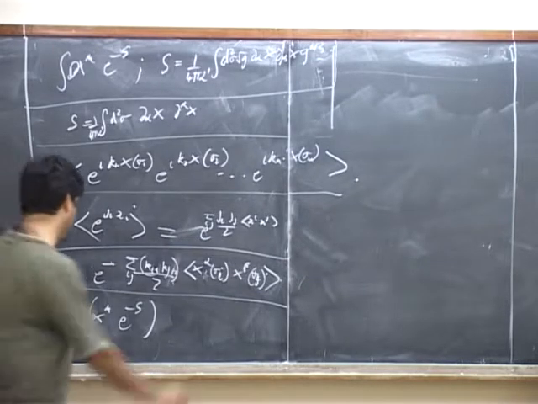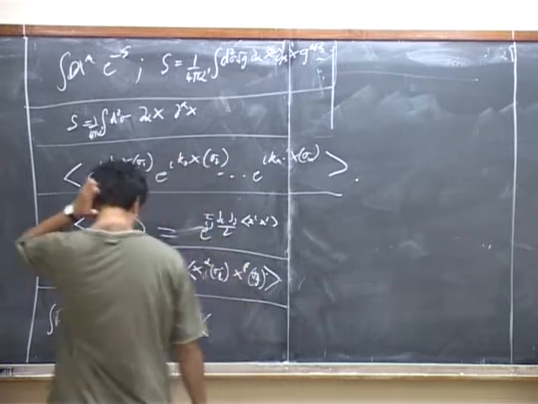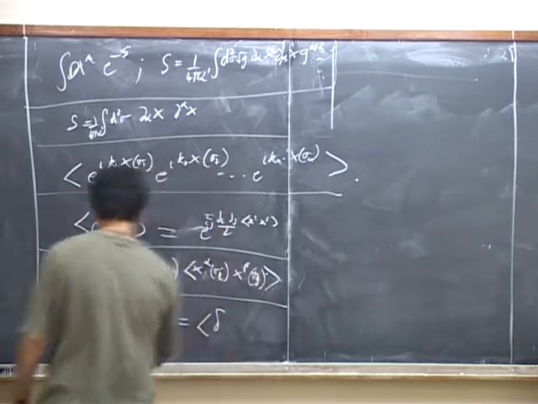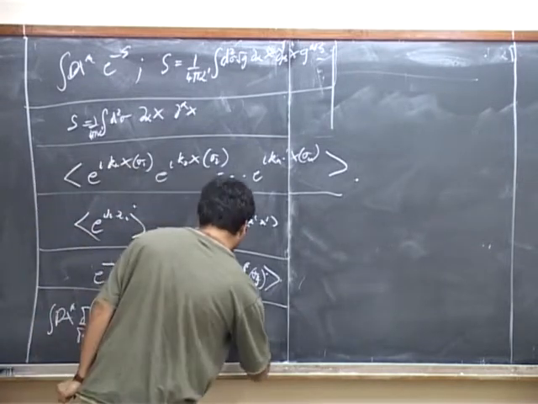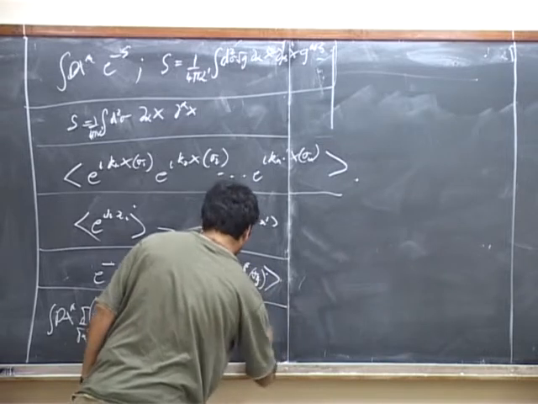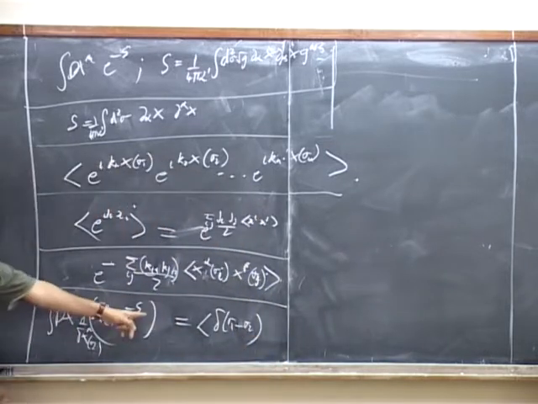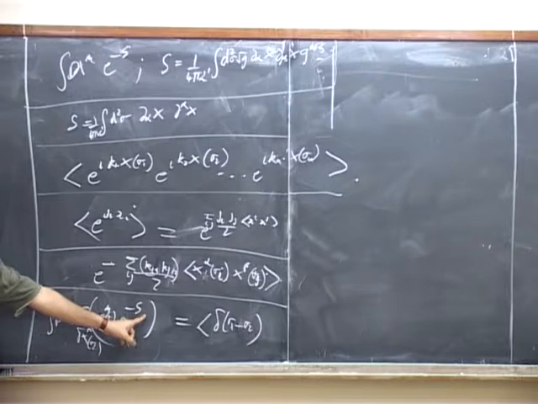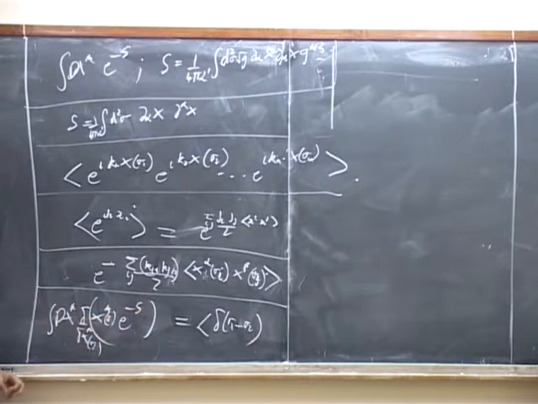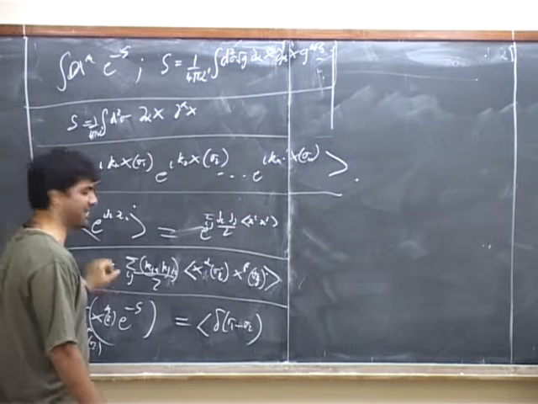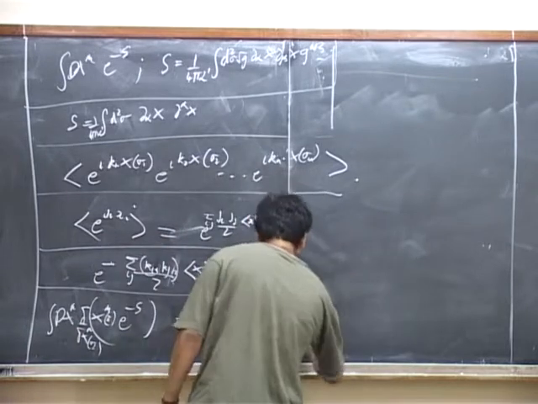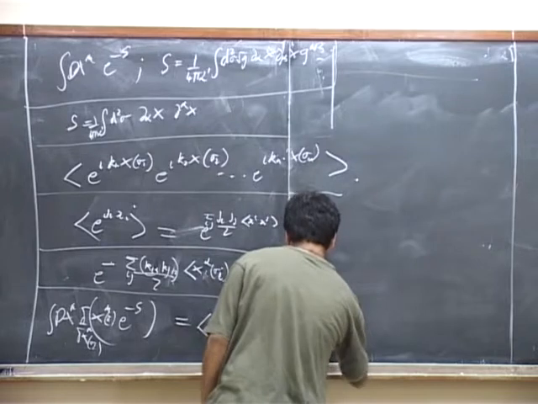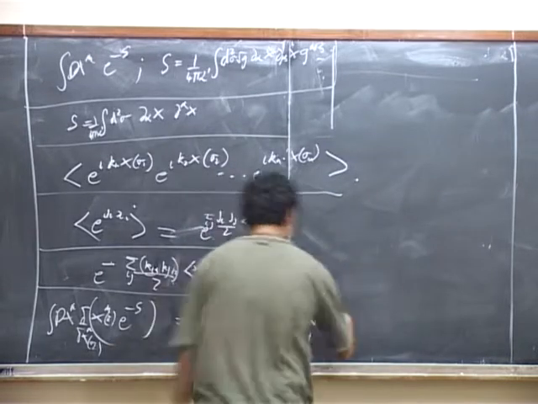But that 0 has 2 terms. There's one term which is the expectation value of delta of, so suppose this is at sigma 1 and we differentiate with respect to sigma 2. So we get delta of sigma 1 minus sigma 2. And the second term, we pull down a functional derivative with respect to the action. That gives us a plus del squared, plus because we integrate by parts, which cancels the minus, and there's a factor of 2 because of the 2 x's, 1 by 2 pi alpha prime del squared x of sigma 2.